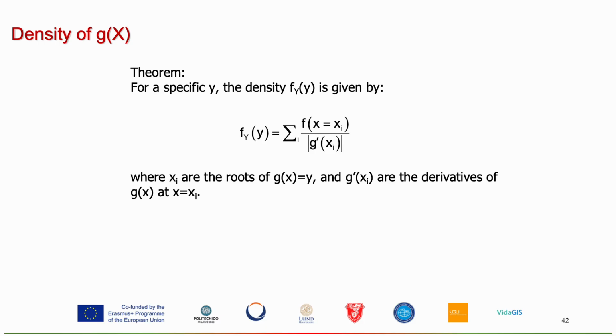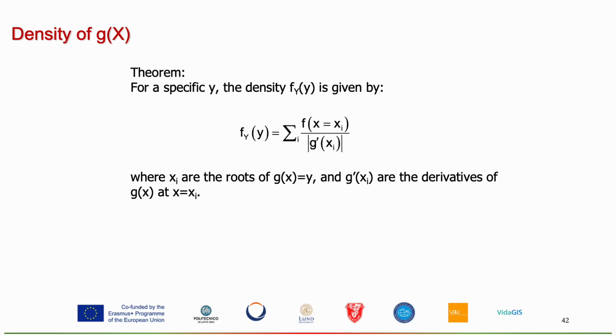Let's suppose that a certain value y is generated by a certain number n of points x_a. I mean, y is such that y equals g evaluated in x1, g evaluated in x2, and so on. What is the density function of y? It is given by this very simple formula.